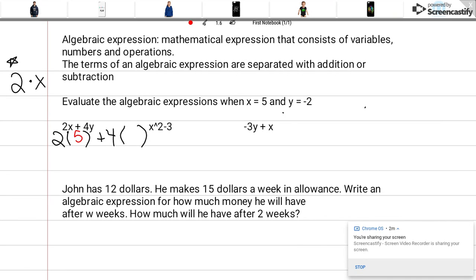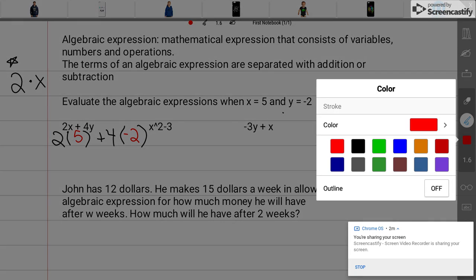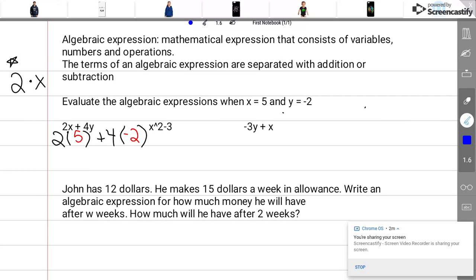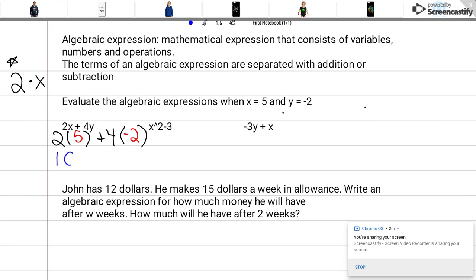And my value for y is a negative 2, so I'm going to put a negative 2 right there. Now I have to do the operations. 2 times 5 is going to give me 10. 4 times a negative 2 is going to give me a negative 8. 10 plus negative 8 is going to give me a positive 2 as my final answer.